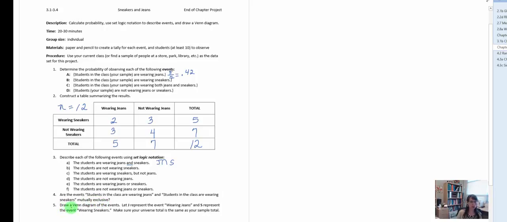Finally, number 5, you're going to be drawing a Venn diagram of the events. So there really are 2 major events we're concerned with, and those are wearing jeans, and the other event is wearing sneakers. So in your Venn diagram, you should start out with your universe. You should also have 2 circles.